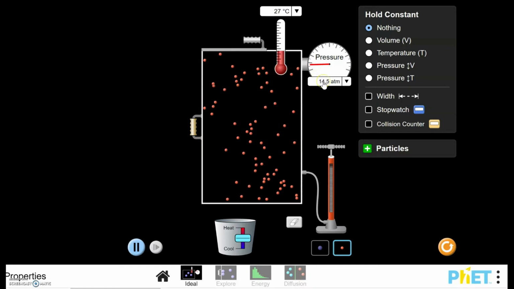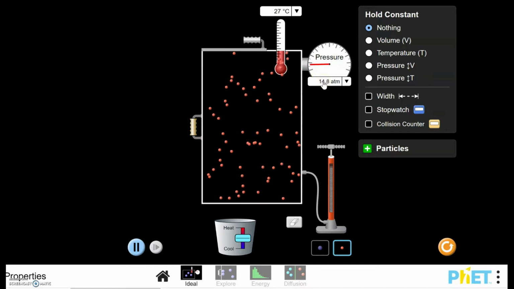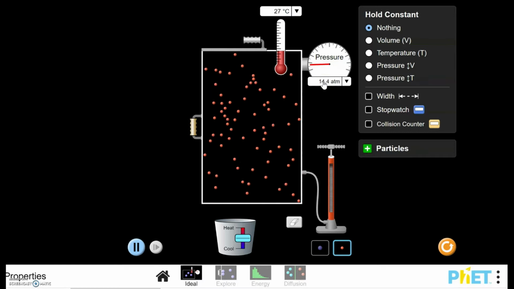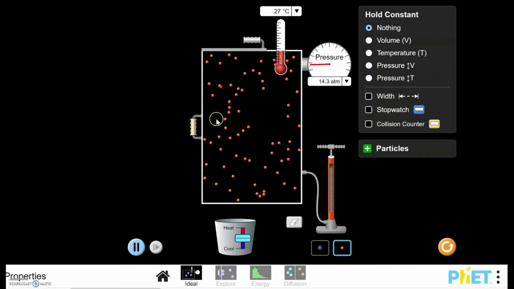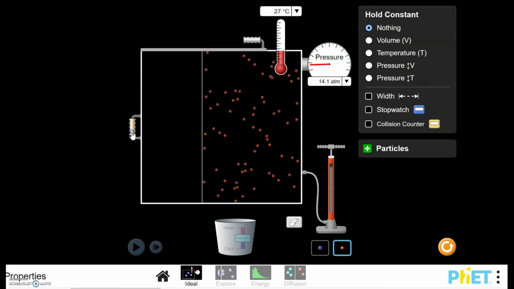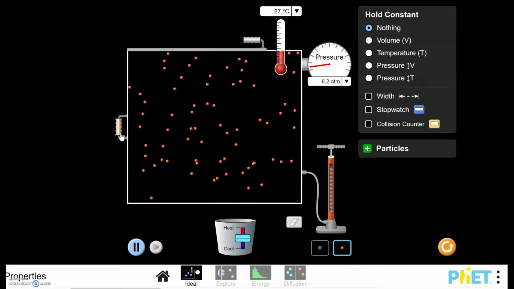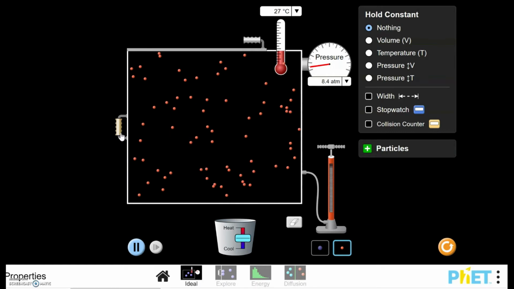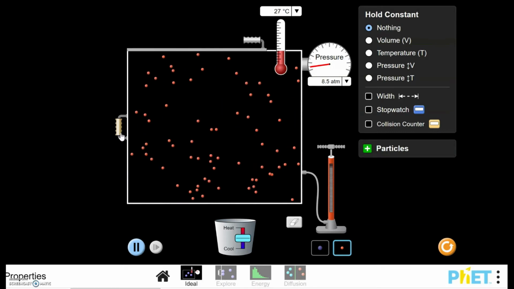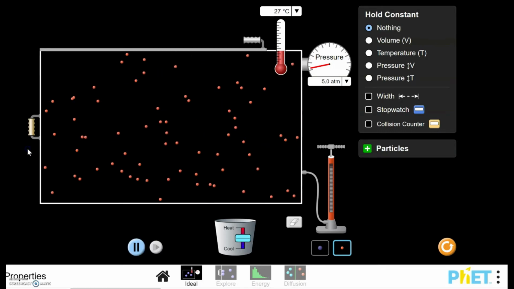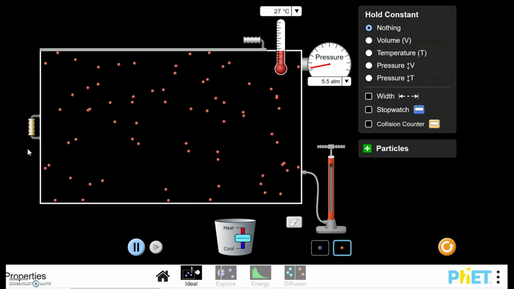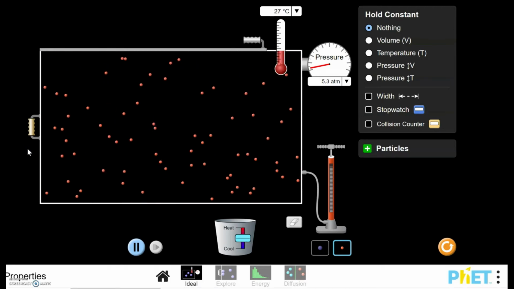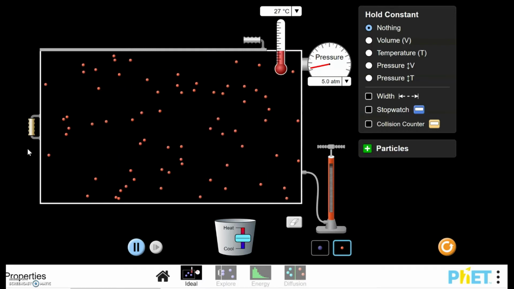And notice what's happened to our pressure gauge. It looks like we have pretty much chopped the volume in half, and it looks like the pressure has doubled. Let's go back out to our original volume right here between 8 and 9 atmospheres. And now what we'll do is we'll increase the volume. And look what happens to our pressure. I'm going to let you guys think about that and why that works.